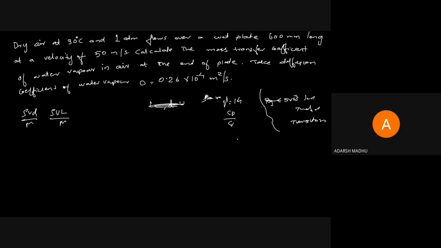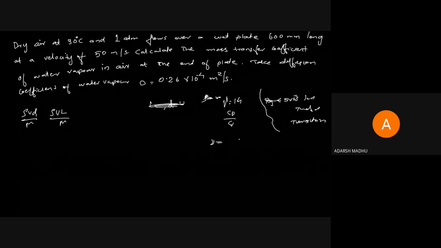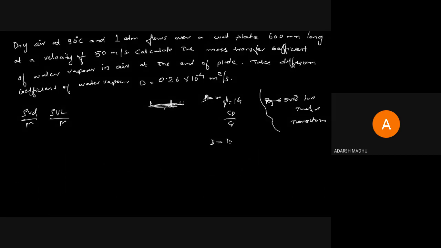Like that, yesterday I said that the kinematic viscosity for air is a standard value, 15.7 into 10 power minus 6 meters square per second. If you need the value of mu and it is not given in a question about air, you can assume it as 15.7 into 10 power minus 6, right?